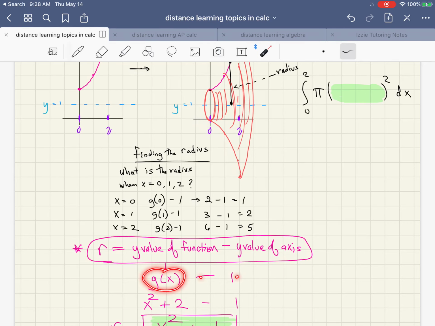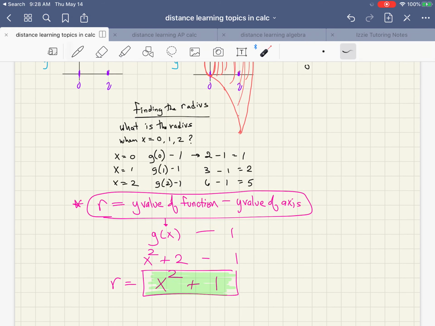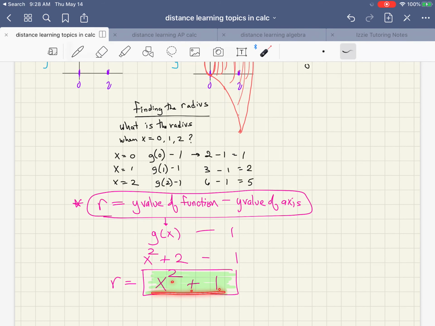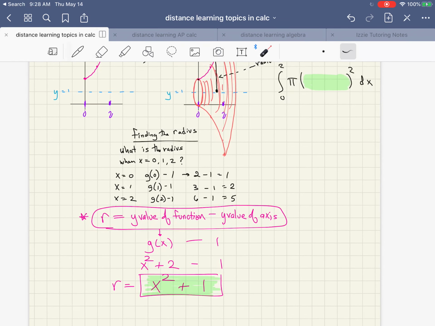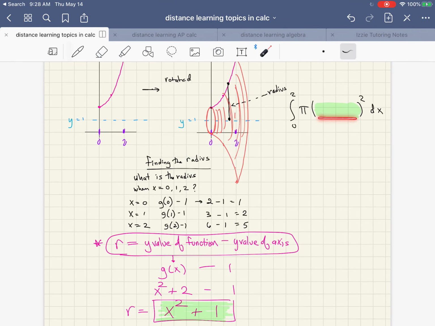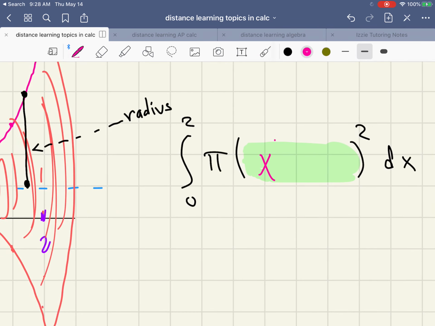So g of x minus 1 in this case. X squared plus 2 minus 1 gives me x squared plus 1. So everywhere I go, the radius will be x squared plus 1. That goes into my definite integral. X squared plus 1.